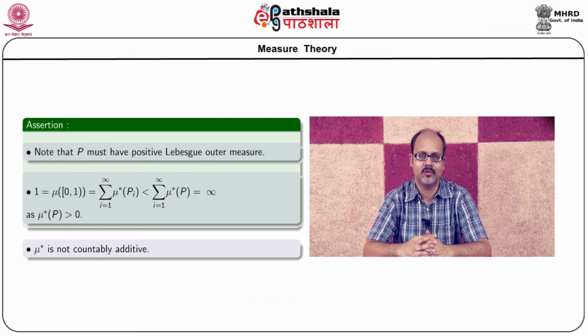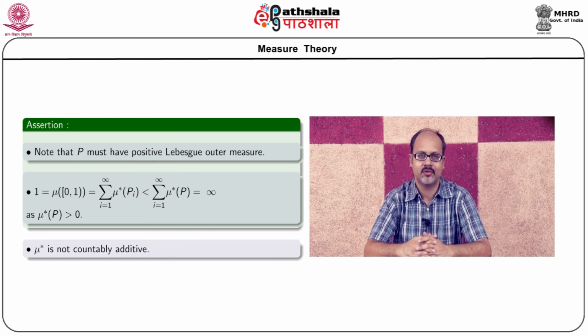We have also shown that if rn is the sequence of rational numbers in [0,1), then we can construct the translates of the set P with respect to these rational numbers, which we have denoted as Pi, which is defined as P plus dot ri.